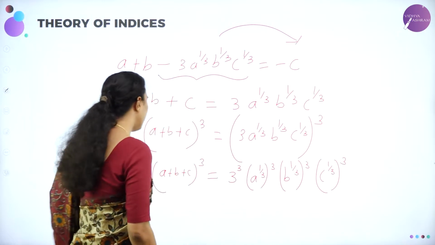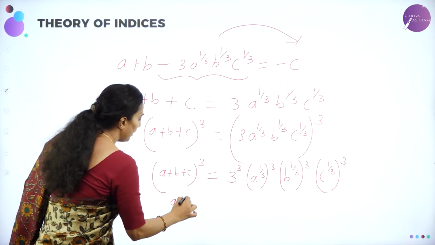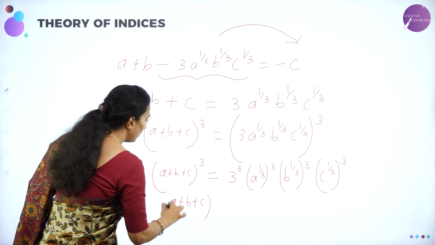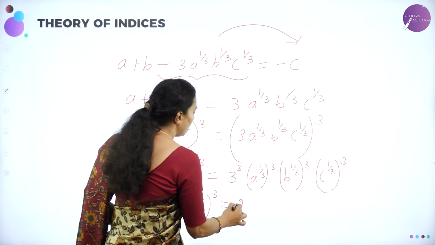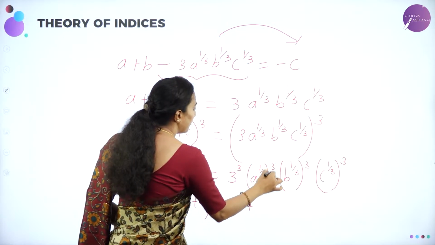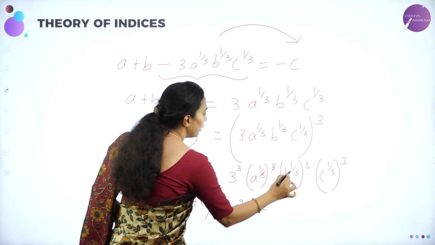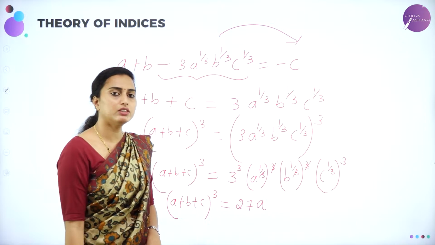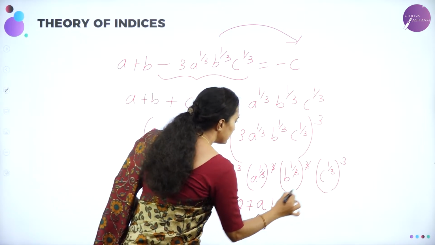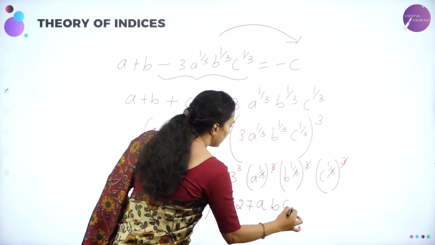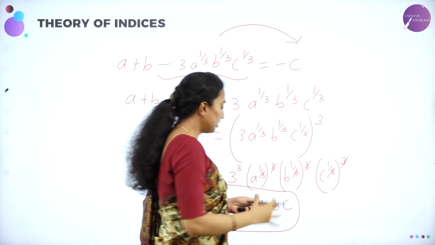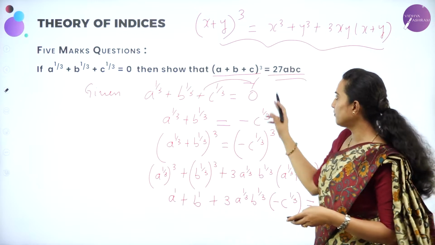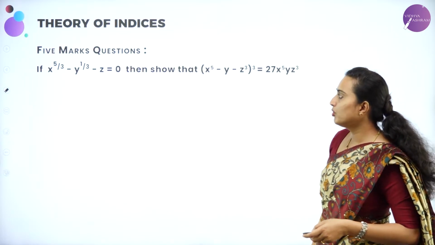So what will this become? a plus b plus c whole cube will be equal to 3 power 3, which is 27, a power 1 by 3 whole power 3 is a, b power 1 by 3 power 3 cancels to b, similarly c. So this is your final answer. Isn't that so? So this will be the proof as we have done it here. Got it? So let us move on to the next problem.